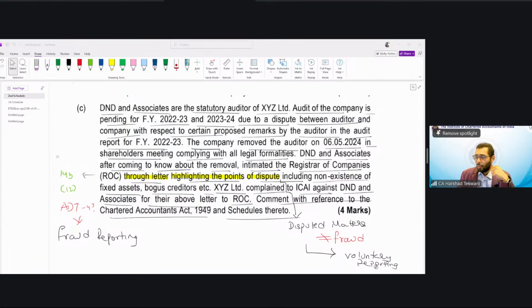Anyone? Which clause will be attracted in this particular scenario?